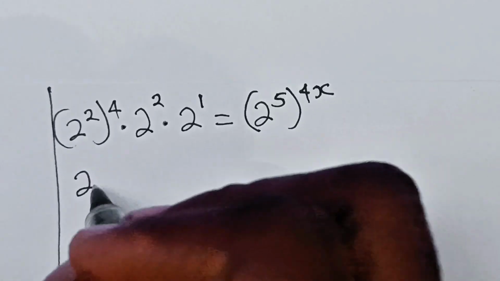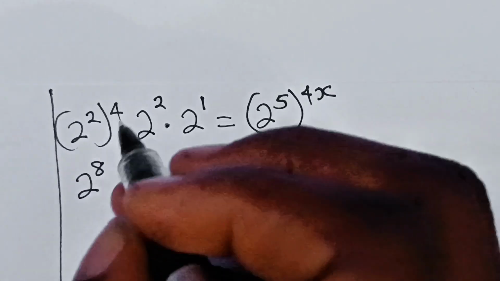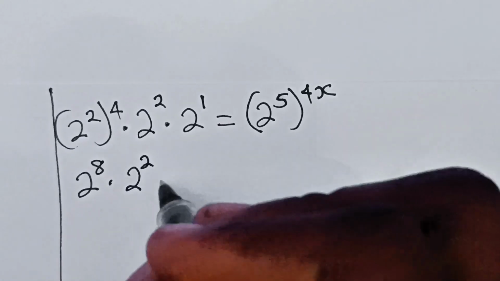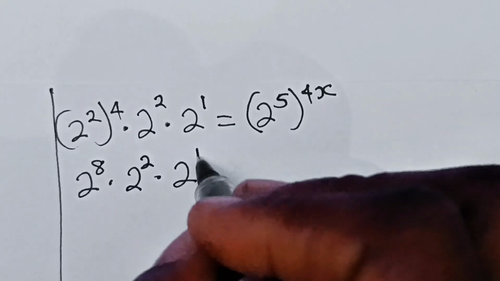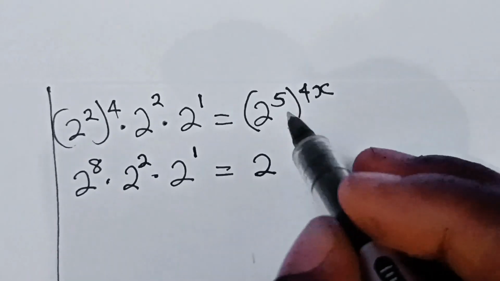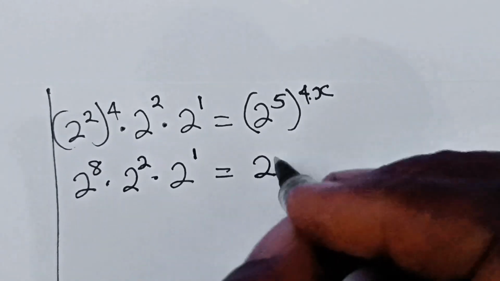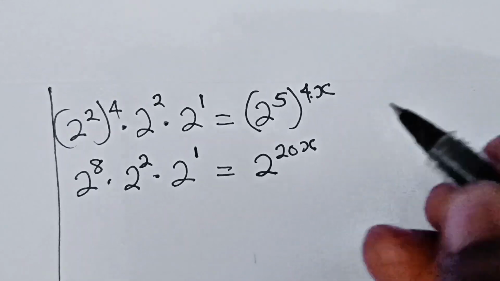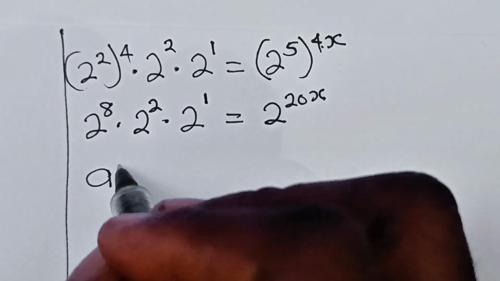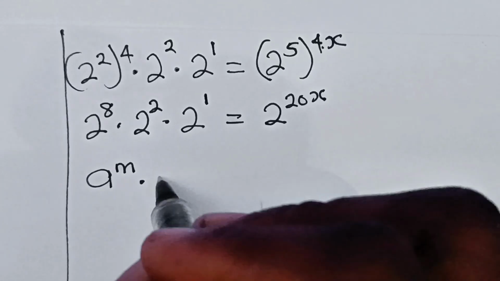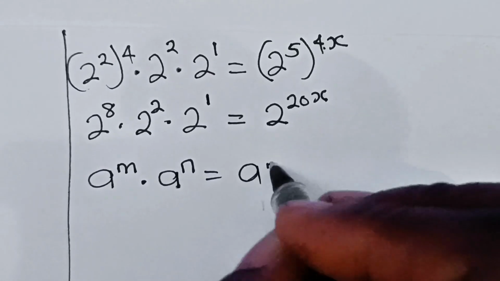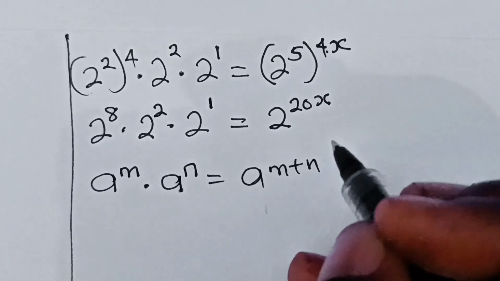So we have 2 to the power of 2 times 4, which is 8, multiplied by 2 to the power of 2, multiplied by 2 to the power of 1, is equal to 2 to the power of 5 times 4x, which will give us 20x. Now recall that a to the power of m multiplied by a to the power of n is equal to a to the power of m plus n.